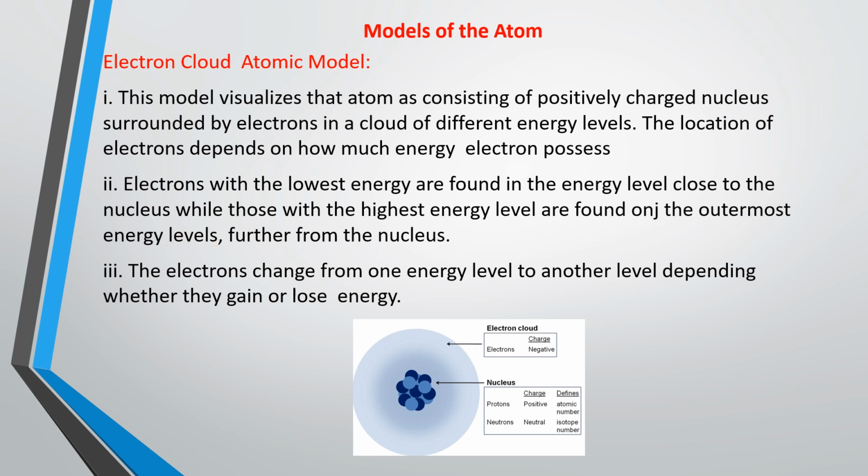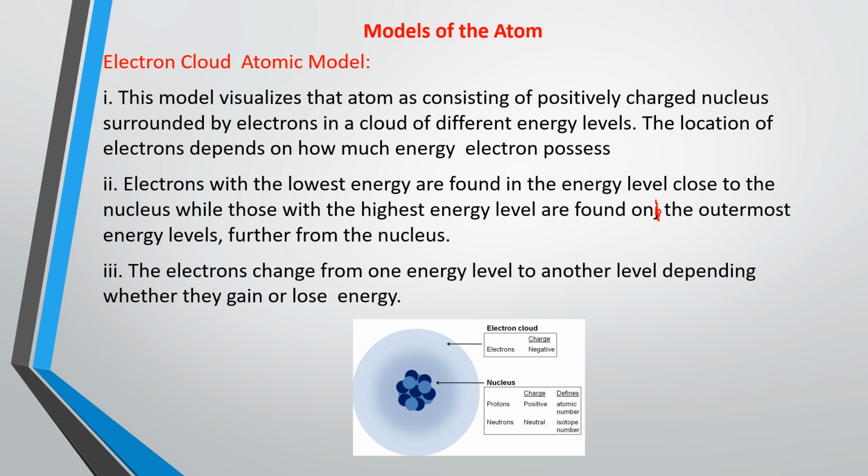Okay, so these are his postulations. Another one is that electrons change from one energy level to another depending on whether they gain or lose energy. If you look at this model, you find that it is just like an extension of Bohr's model.